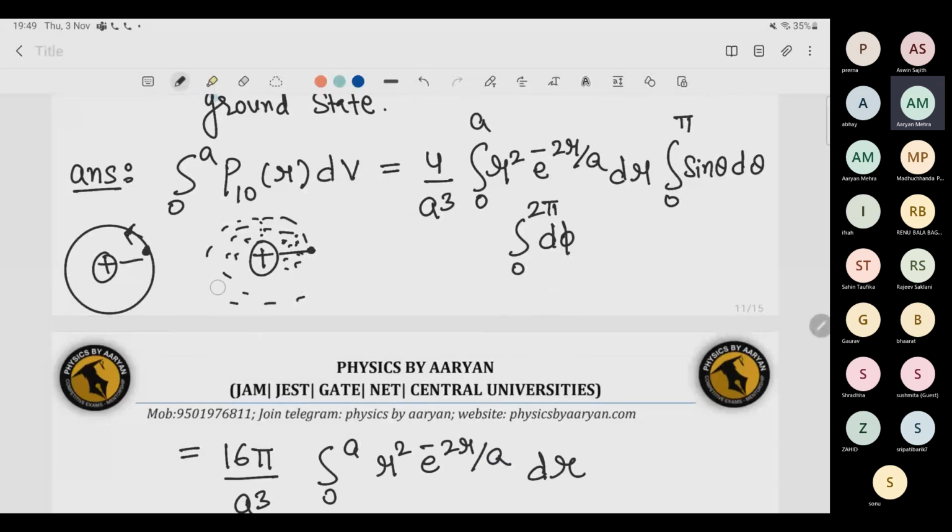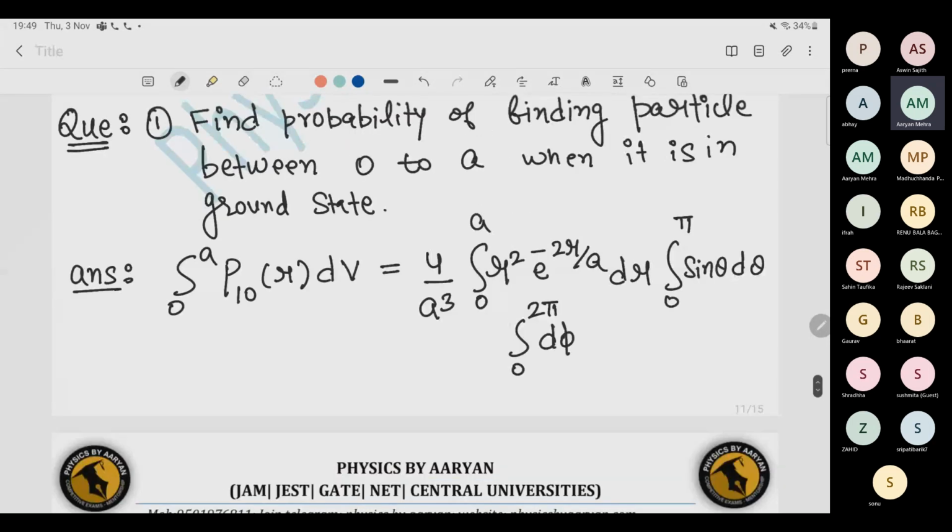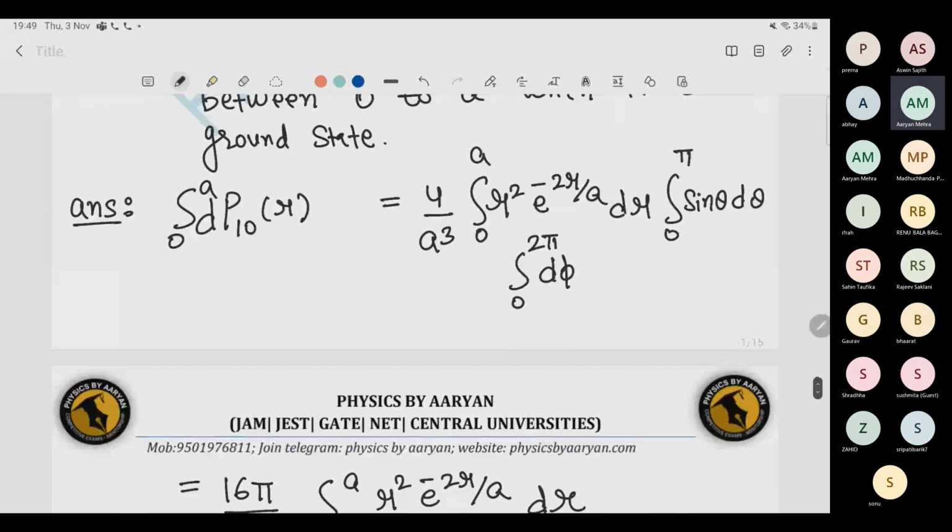So the question is how much is the probability that I will find an electron between 0 to A. How do you do it? You take the probability density function and integrate it, so here it will be the integration of dP from 0 to A. You just square it and integrate it.